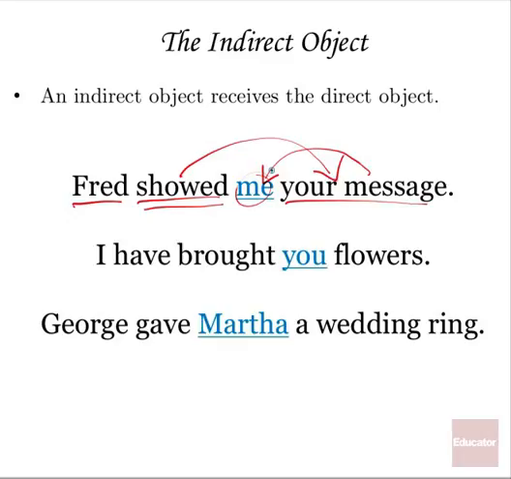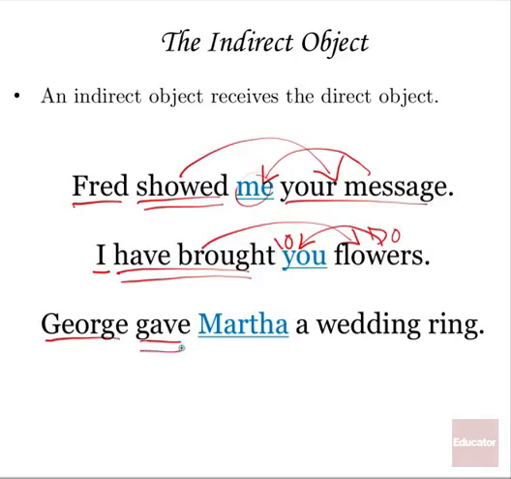I have brought you flowers. I is our subject, have brought is our verb, flowers is our direct object, and you is our indirect object. Now remember, you can only have an indirect object if you already have a direct object in the sentence. Without a direct object, there's nothing for the indirect object to receive, and it's not an indirect object.